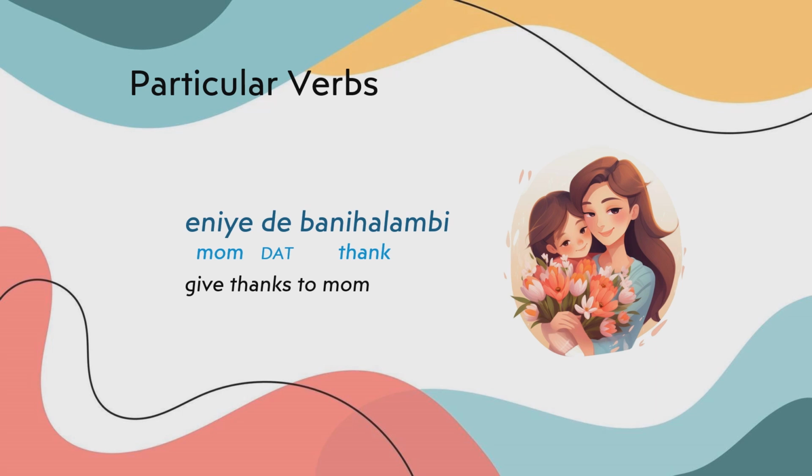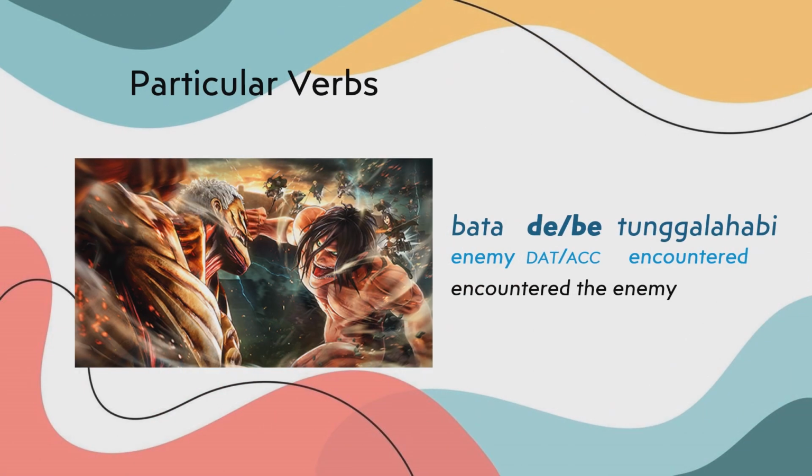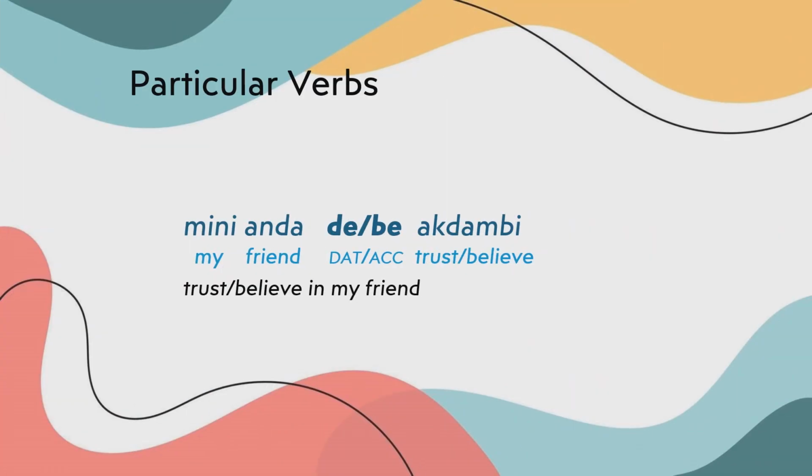And some other verbs could take either accusative or dative. For example, to encounter. So we can say it with either one, and both are right. Same as ardem, to trust or to believe. We can say min anda de ardem or min anda be ardem.